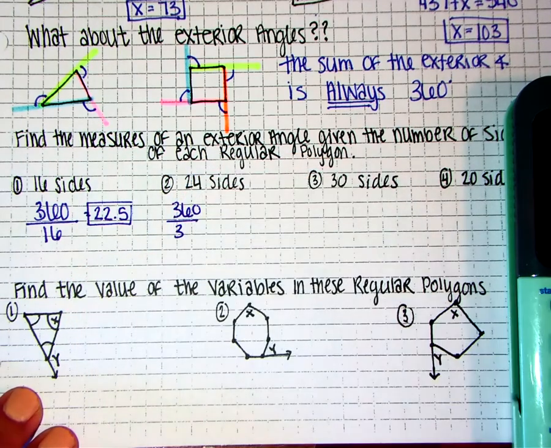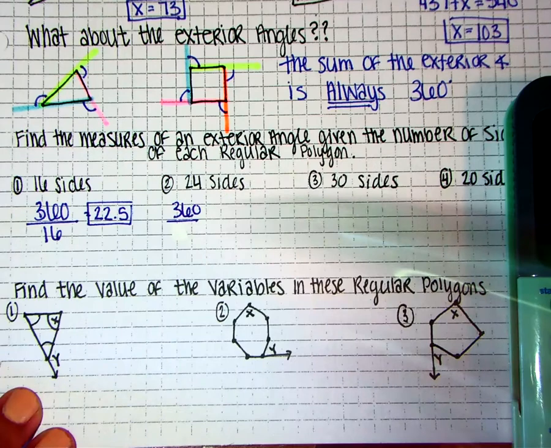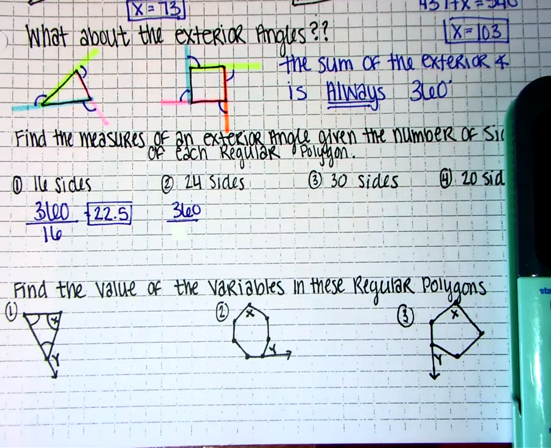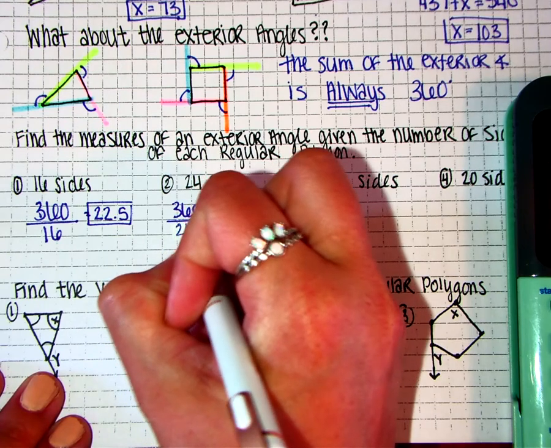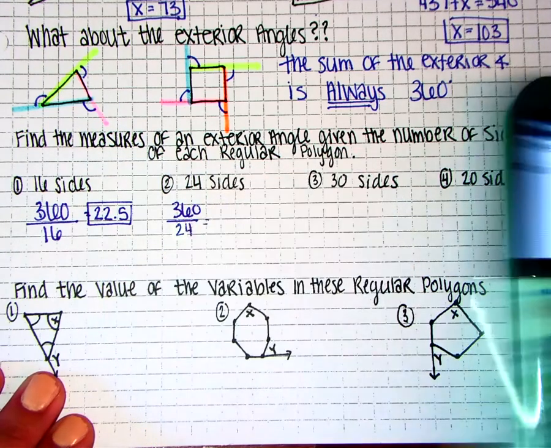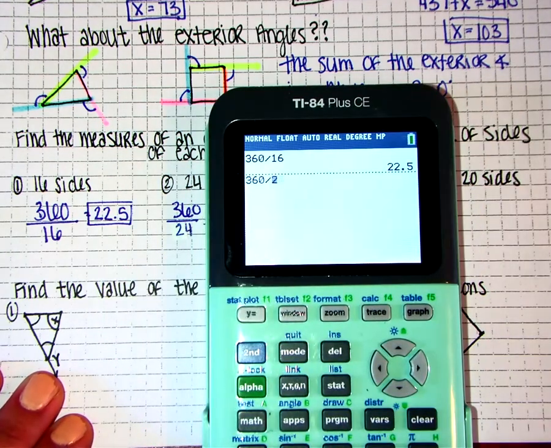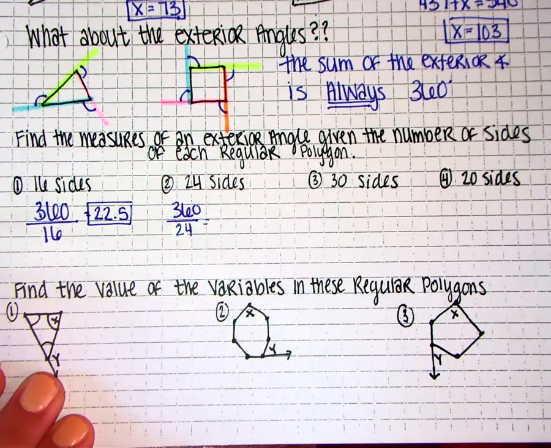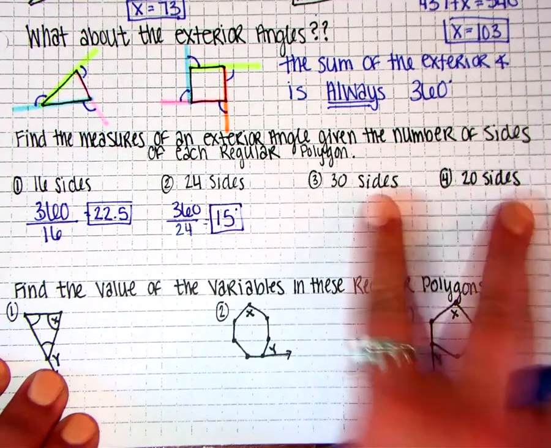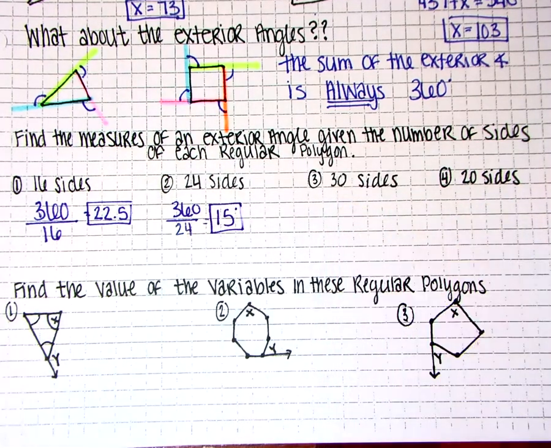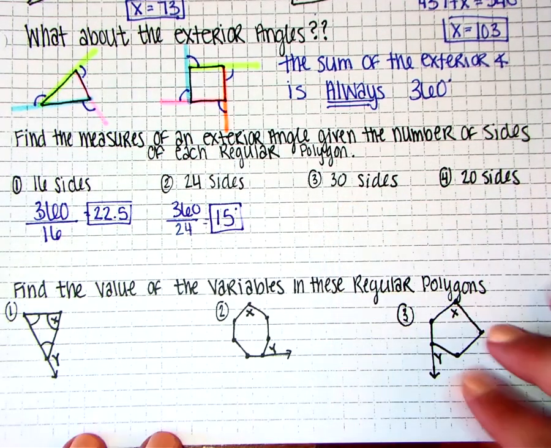We're going to divide 360 by 24 sides. Okay, so 360 divided by 24 is 15. So each angle is 15 degrees. You can clearly do these last two. You just take the number of sides and divide that into 360.